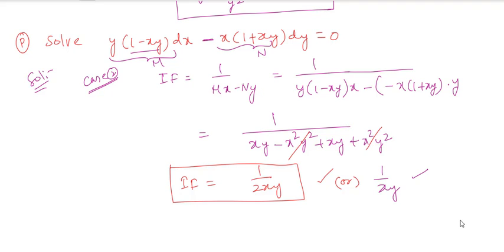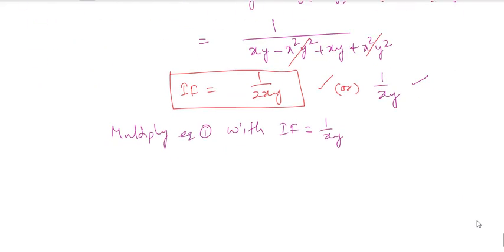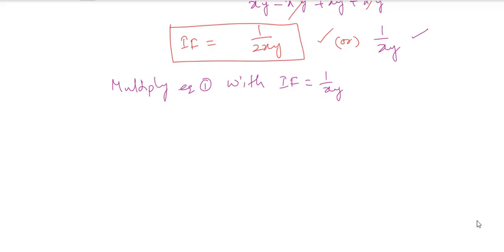There is nothing more complicated here. Suppose I take this as equation 1, so multiply equation 1 with the integrating factor 1 by xy. That 1 by 2 doesn't affect anything.